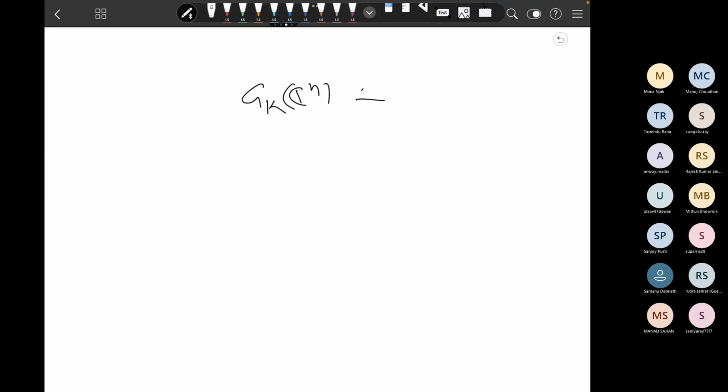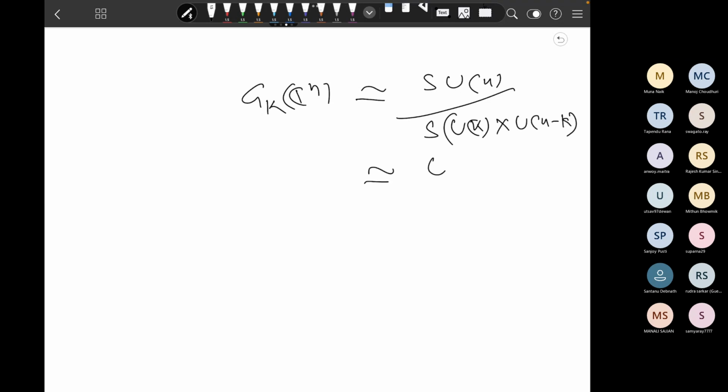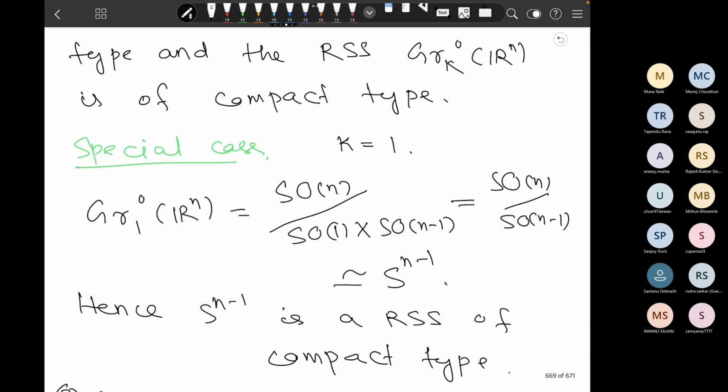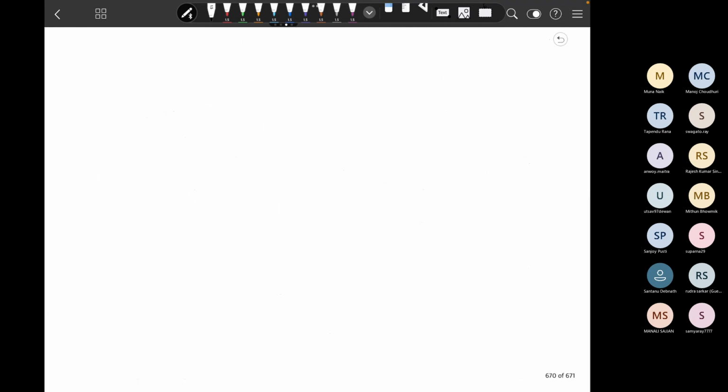You can really look at this thing as SU(N) mod S(U(K) × U(N−K)), and this is really U(N) mod U(K) × U(N−K). These are two representations. This is also a symmetric pair. So let us see that symmetric pair.